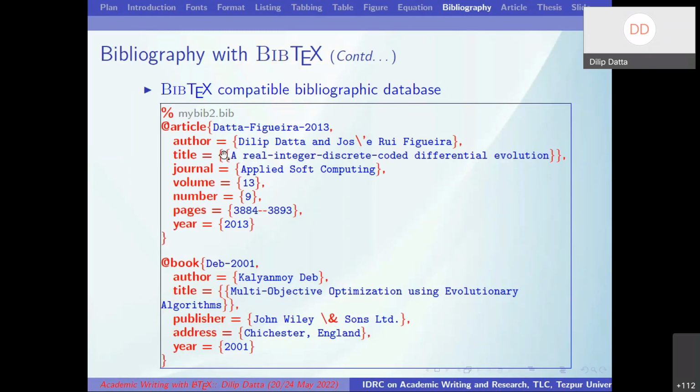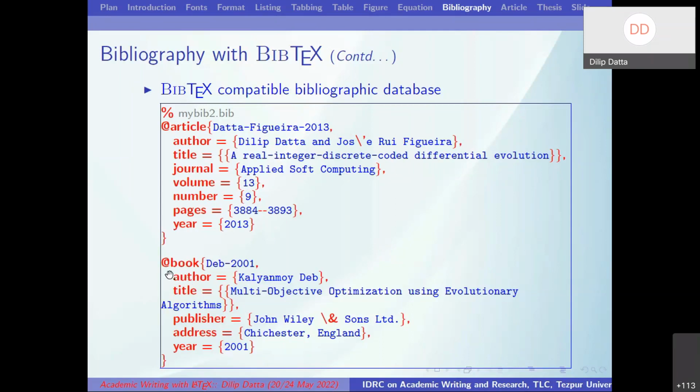So it is put in double curly braces so that any manually set uppercase letter will be preserved in between. Anyway, that is little bit advanced thing. Next, name of the journal, volume of the particular issue, number, page number, and year. And in all cases, all these fields are separated by comma at the end.